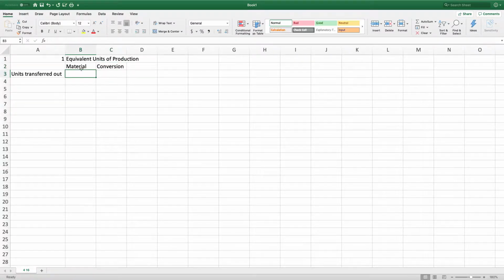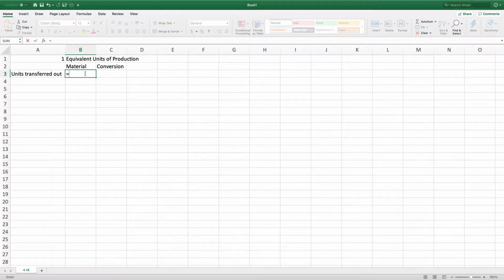In the problem, they told us that we started off in the beginning of May with 10,000. We added 100,000 units, or 100,000 pounds, and then we ended with 15,000 units left in ending inventory, right?